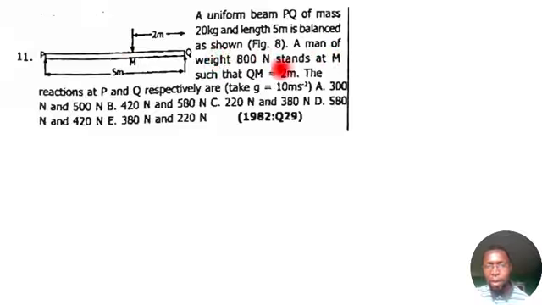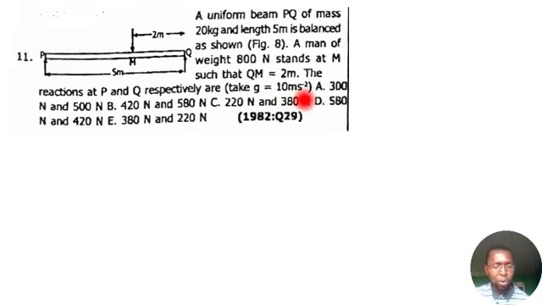A man of weight 800 Newton stands at M, such that QM equals 2 meters. I could say, yeah, this is where the man stood. So the reactions at P and Q respectively are what? We have to take g to be equal to 10 meters per second squared.